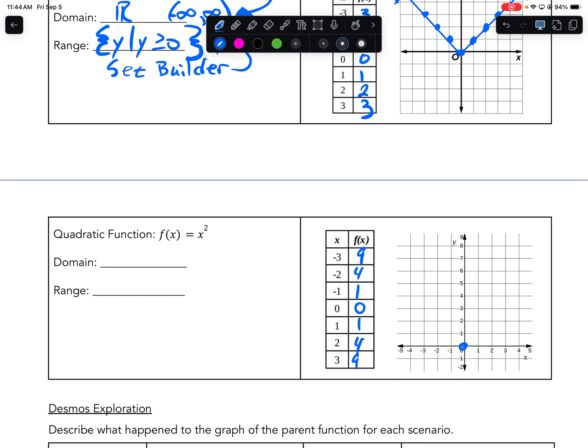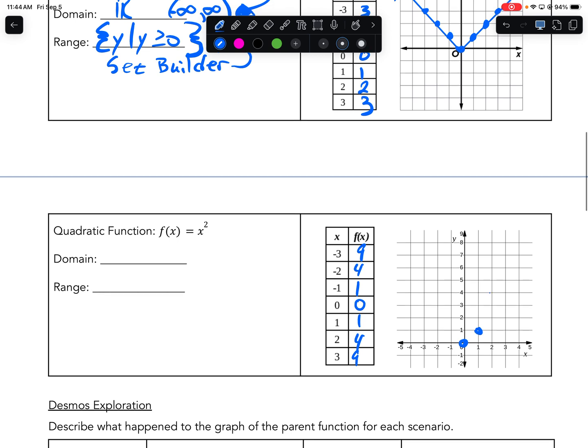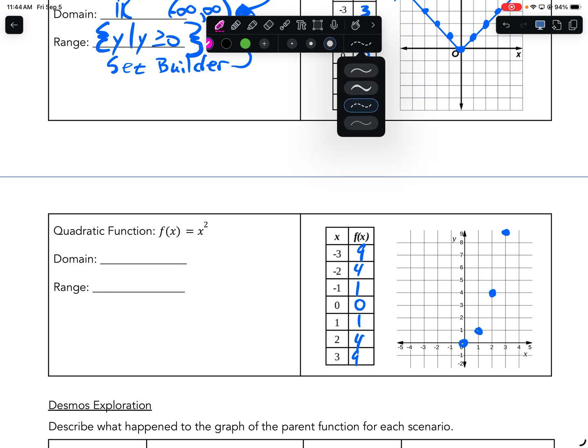Okay, so we're going to graph this thing. So this thing has symmetry, right? We can have our first little talk about symmetry, remind you all the way back from Algebra 1.